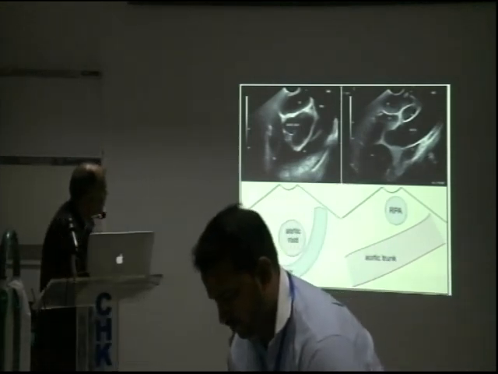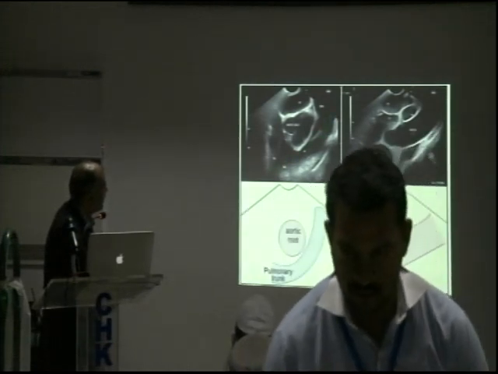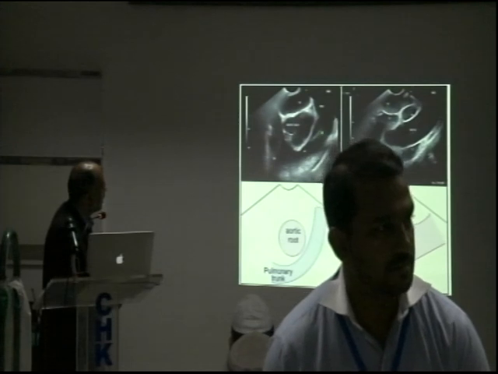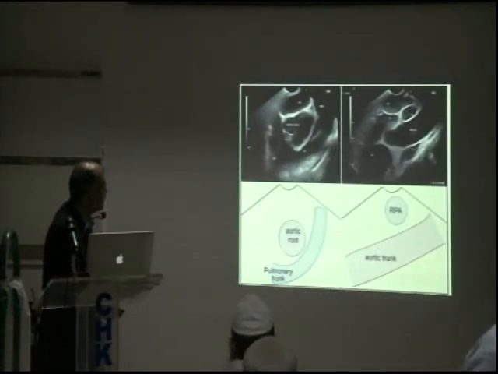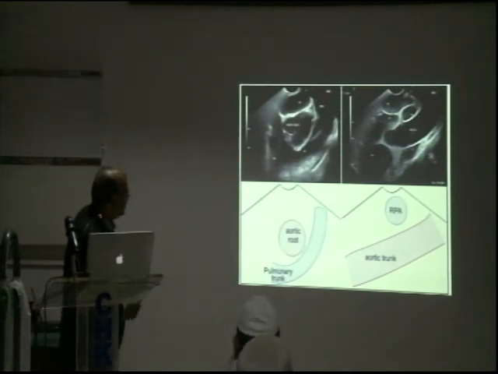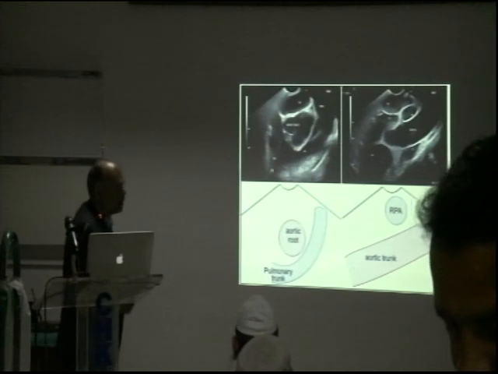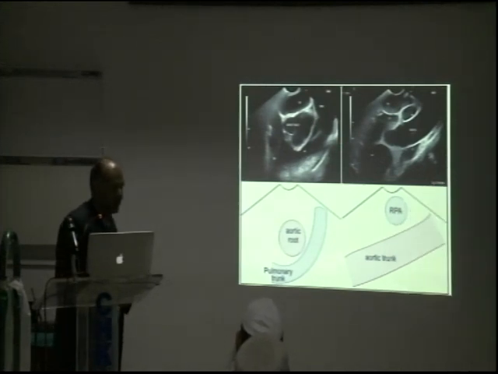So here, do you think this is more rightward rotation or leftward rotation as compared to this one? Conceptually speaking, does the aorta go behind the pulmonary trunk or anterior to it? It goes behind the pulmonary trunk, right?